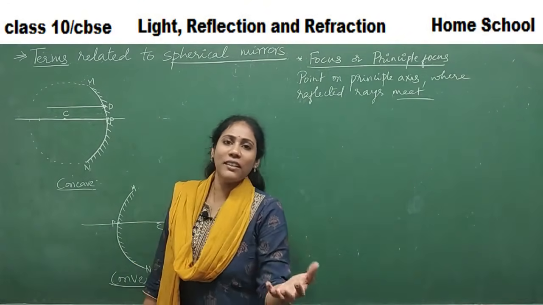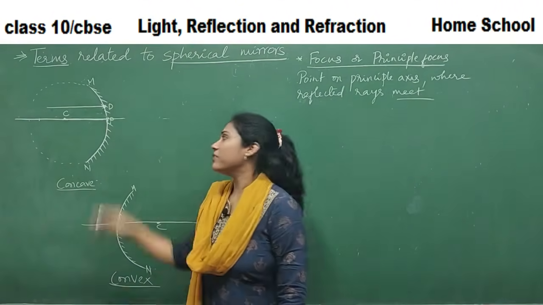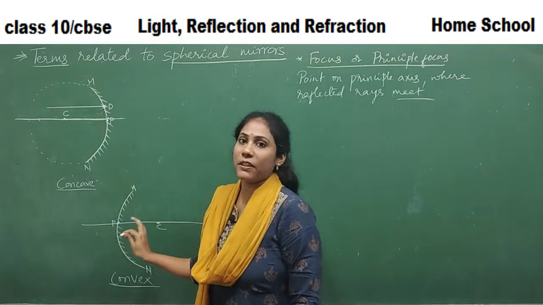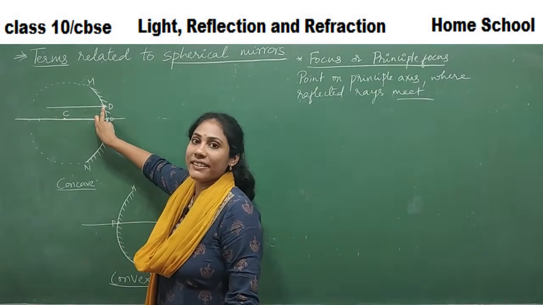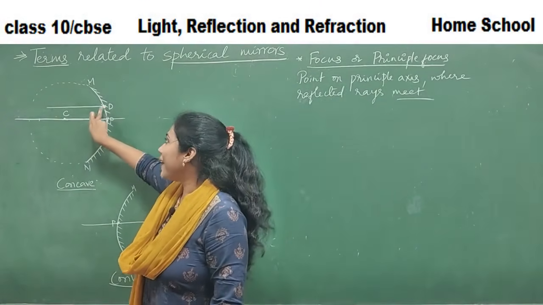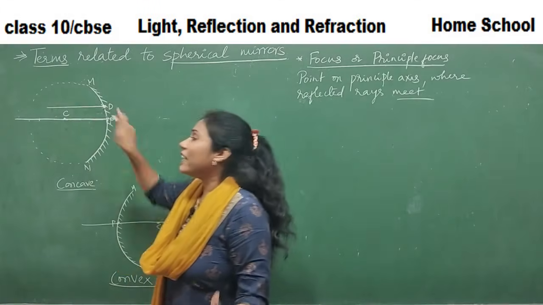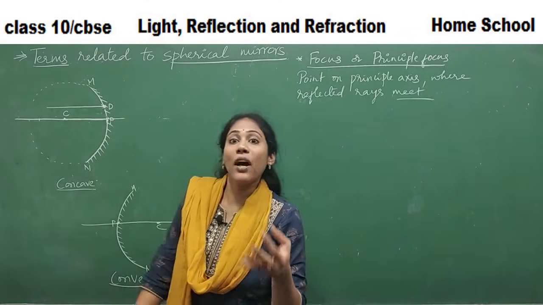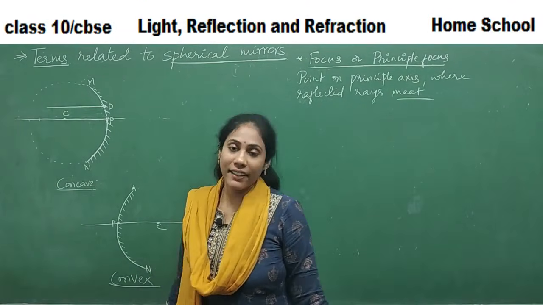Yes or no? We should not go out of the laws of reflection. We should always follow the laws of reflection. Whenever an incident ray meets a reflecting surface, it should reflect. But to draw a reflected ray, you need a normal. So with respect to a normal only, we should draw the reflected ray here.